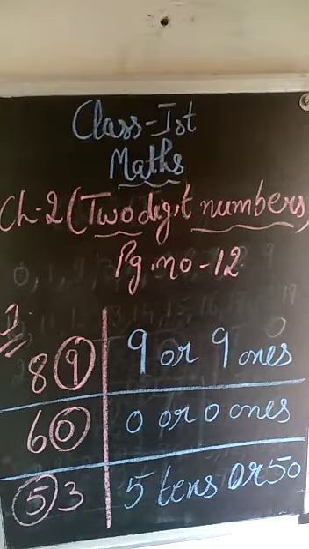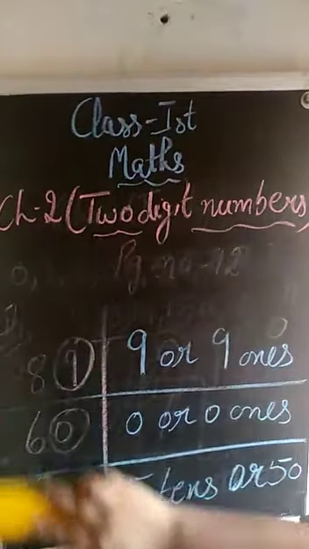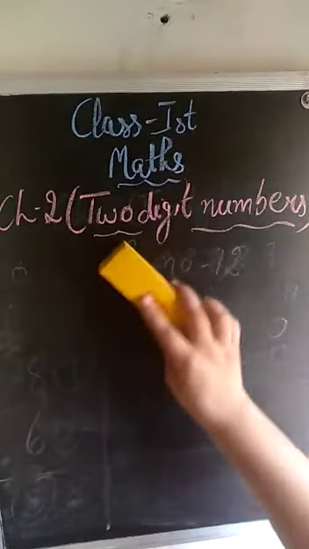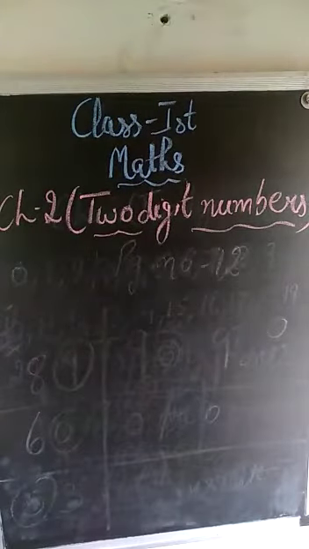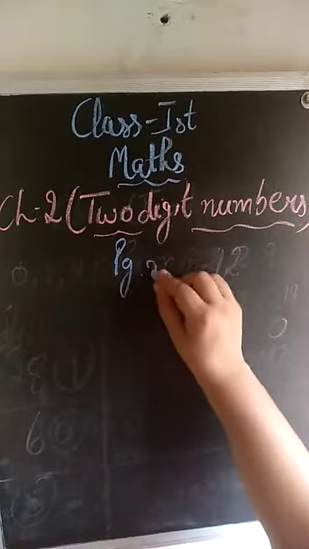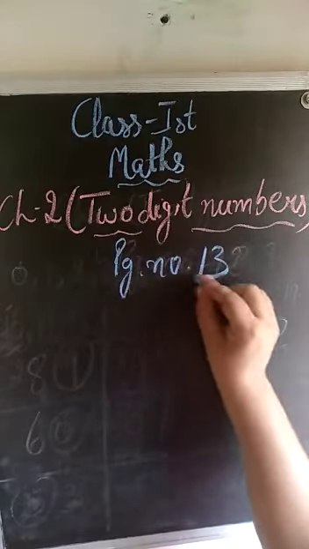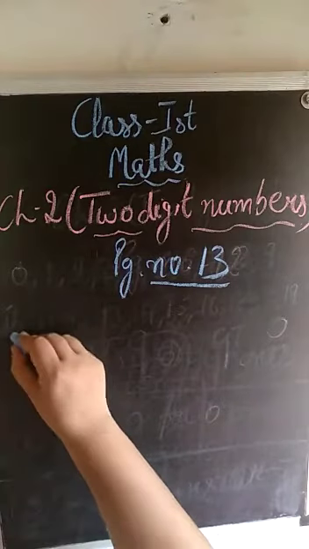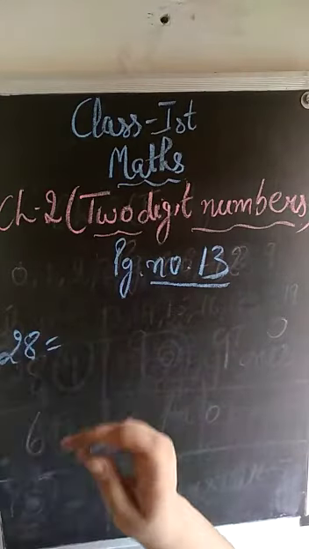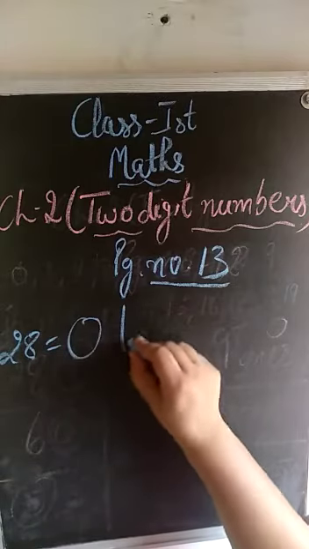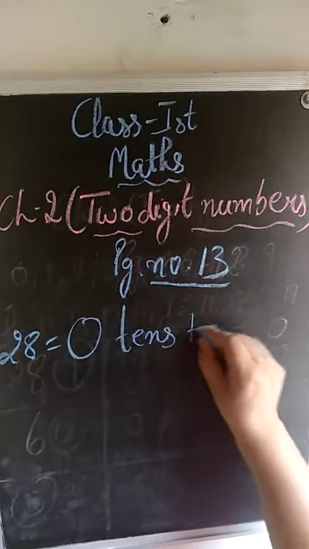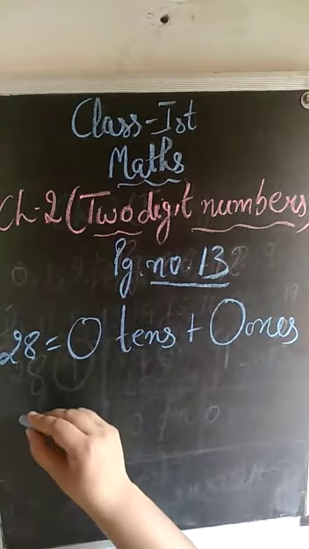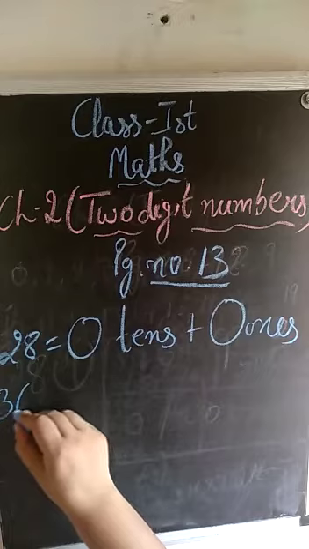Now come to your page number 13. Fill in the placeholders. Here they have given us a few placeholders, but we have to write the tens or ones place digit only.